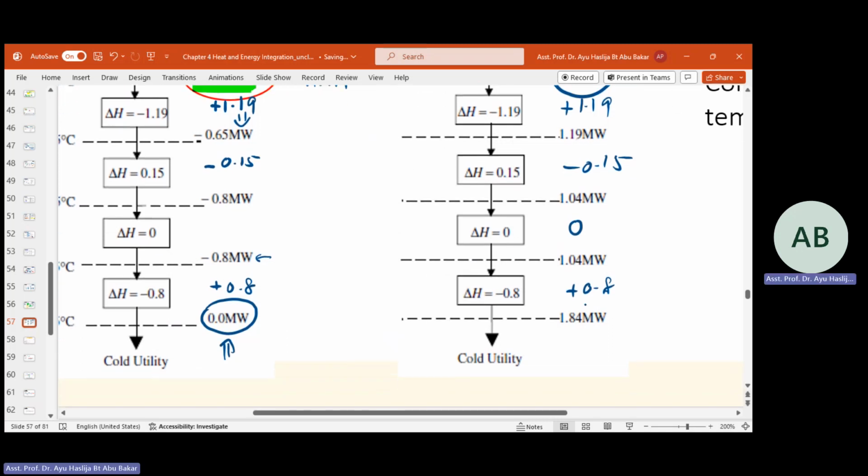Now, the final amount over here is your QC min. First cascade is to identify your QH min. Second cascade to identify your QC min.